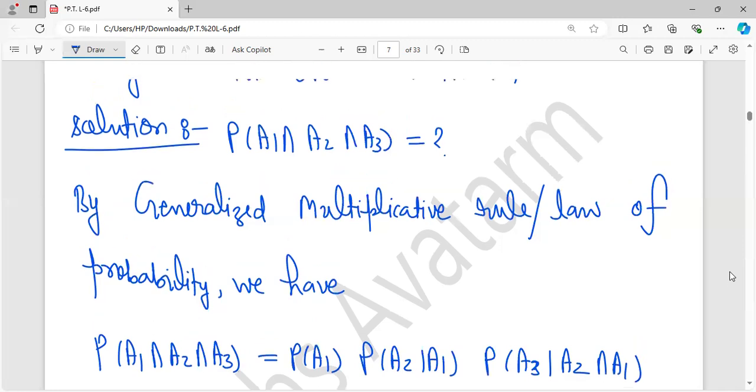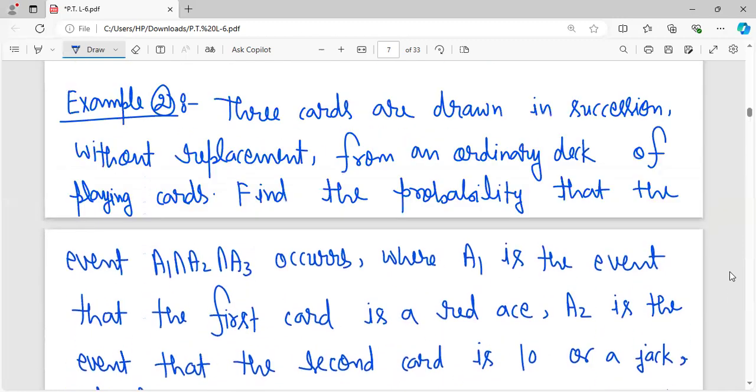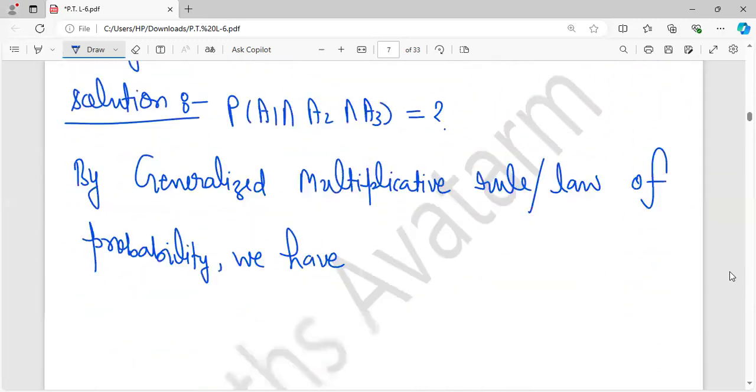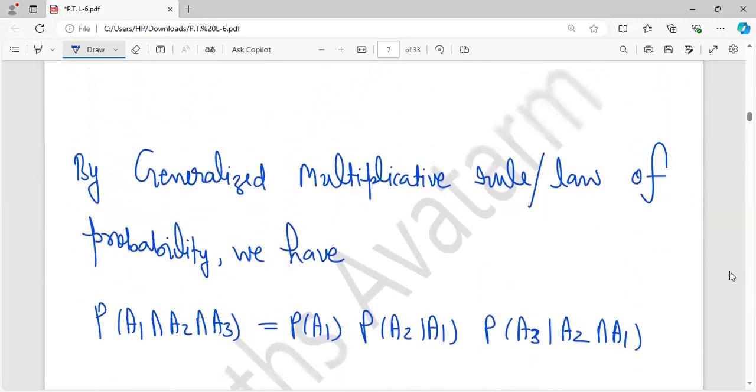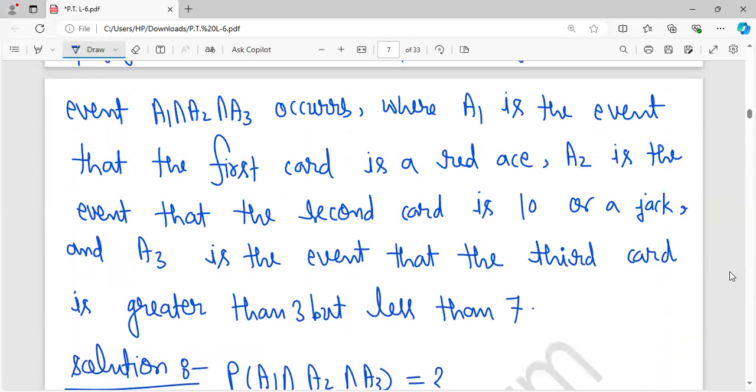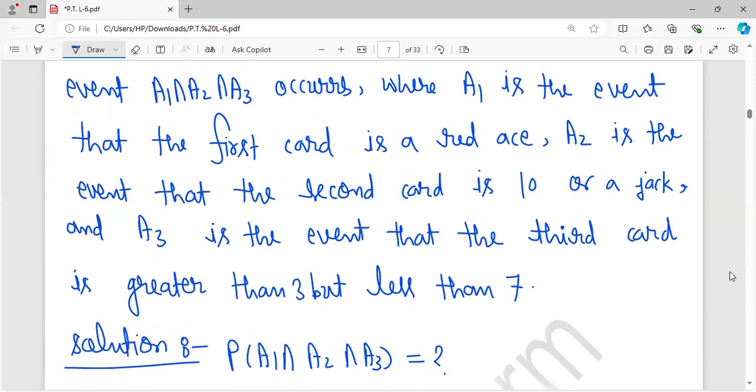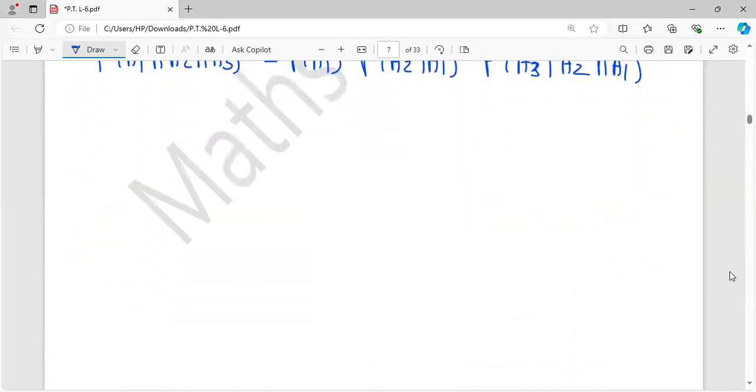Now what is P(A1)? The first event A1 is that the first card is a red ace. How many aces are there?